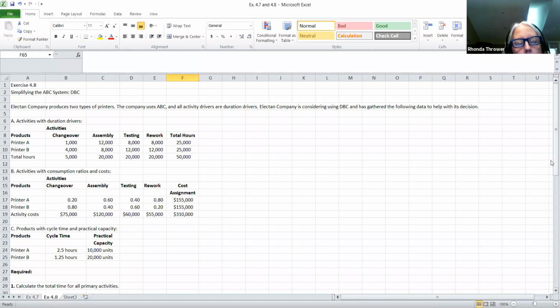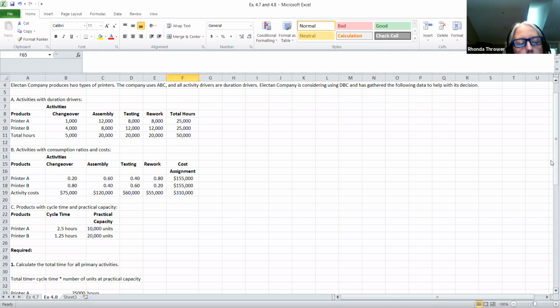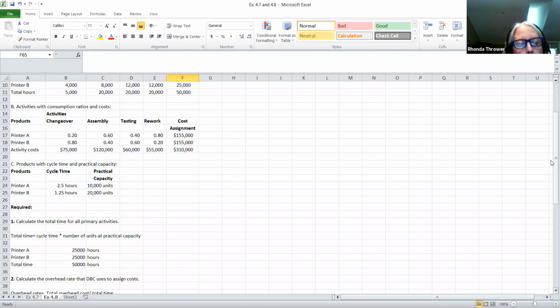So when we do duration-based costing, they want us to, first of all, calculate the total time for all the primary activities. And so to do that, what you would do is you would take the cycle time and you would multiply it by the number of units at practical capacity.